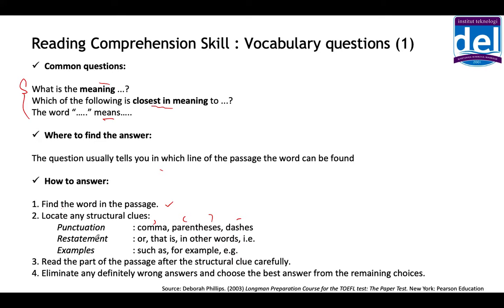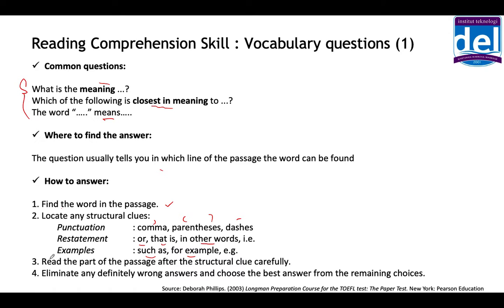Another structural clue that we can use is the expression of restatement in the text. We will probably find the words or, that is, in other words, and so on. And another structural clue is examples. And there are some expressions of examples: such as, for example, for instance, and so on.